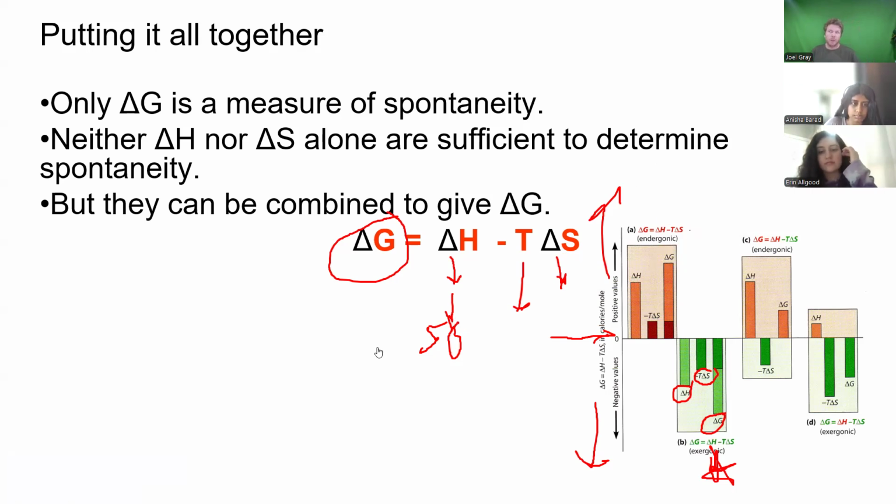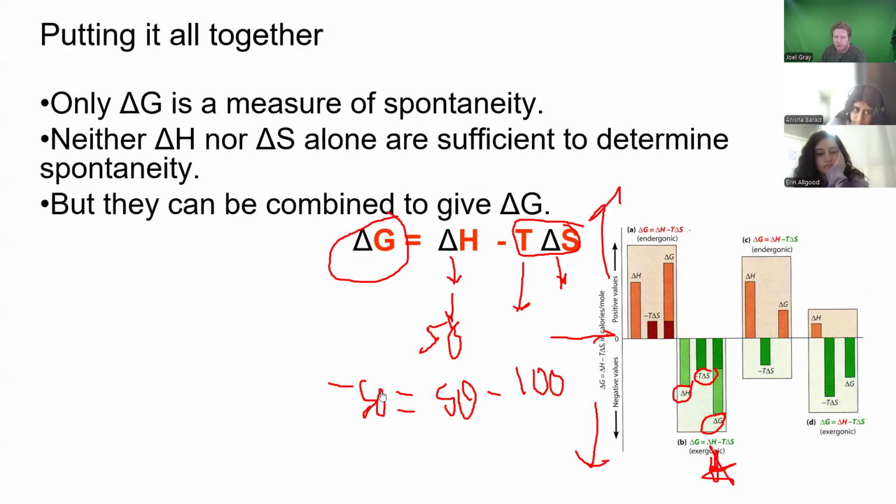Well, if delta H is positive, looking at that alone, that would mean our delta G is going to be positive. But if the product of T and delta S is 100, then 50 minus 100 gives us negative 50.